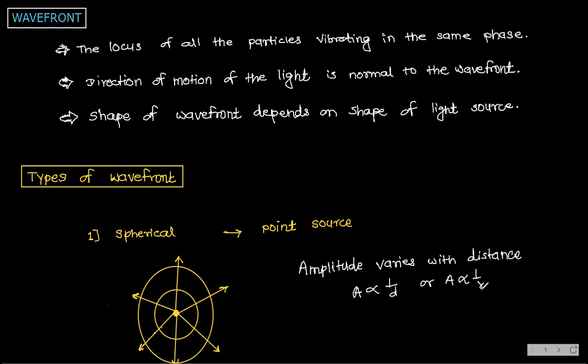As r increases, A decreases. And you know, in the wave chapter you have learned that intensity is directly proportional to amplitude square, and therefore intensity I is proportional to 1 by r square, or you can say I is inversely proportional to r square.